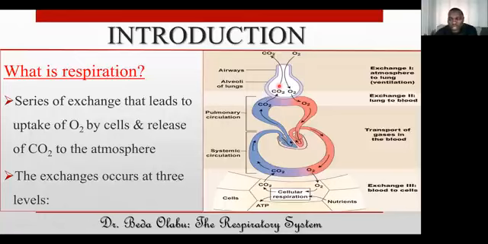The second level of exchange is the exchange between the lungs and the bloodstream. This exchange occurs in the pulmonary circulation, so that the key function of the pulmonary circulation is to dispose of carbon dioxide to the alveoli, but also to load oxygen into the bloodstream.